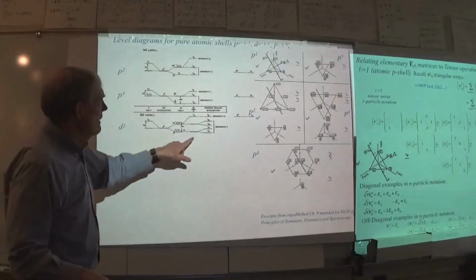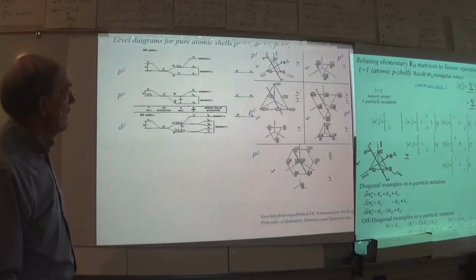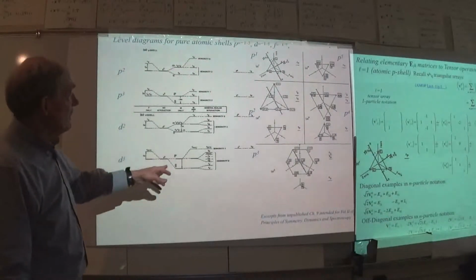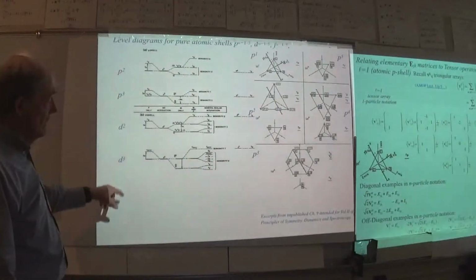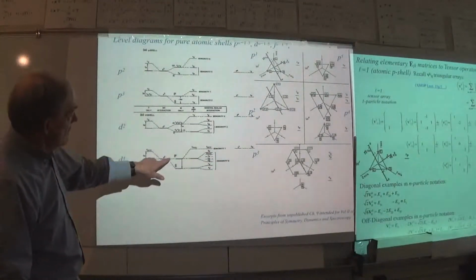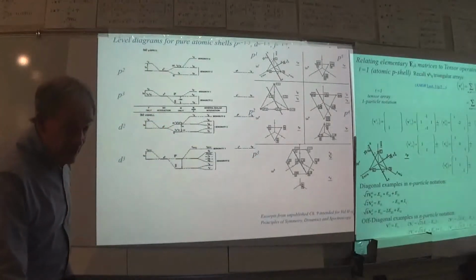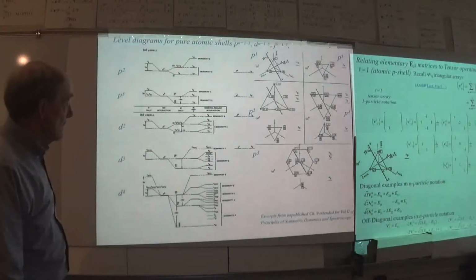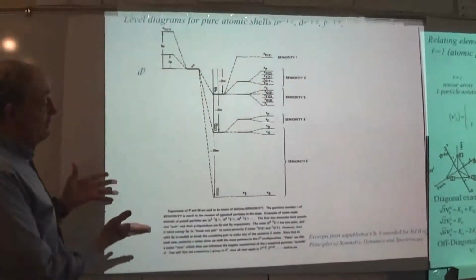So that's why the very lowest one is there, and you're going to have to look at a higher resolution to see what all is written there. But just to give you an idea, the D shell starts to get complicated. It's already more complicated than that with D3. And it's clearly obvious. There's the tableau that we've been working with right there. And then, look what you got for D4. Wow, lots of levels. There's D5. That's the middle of the D shell right there.